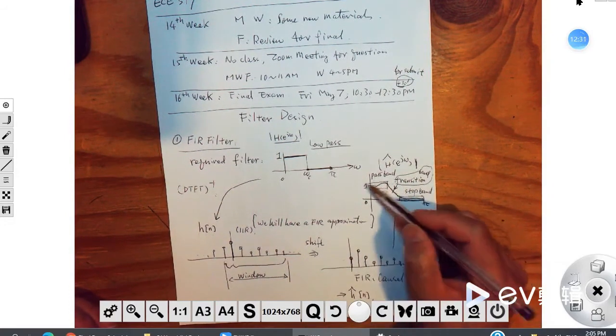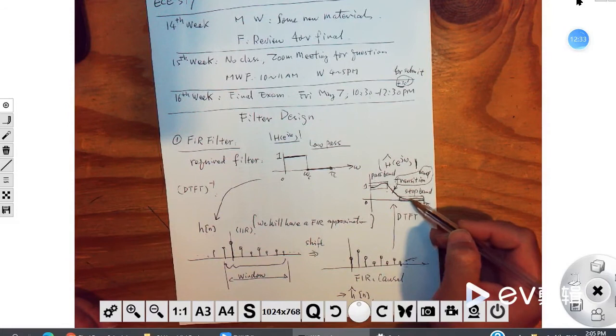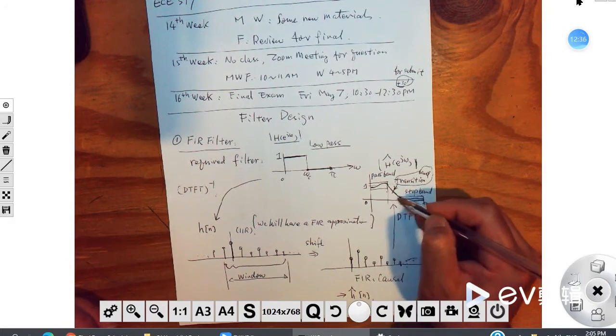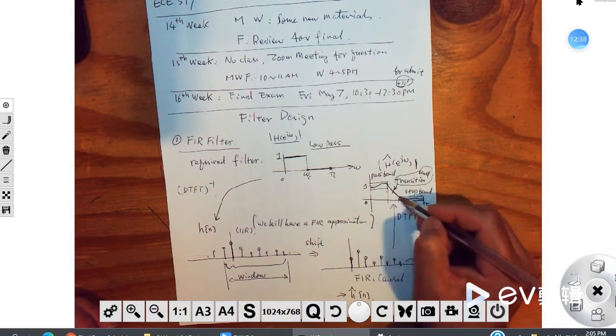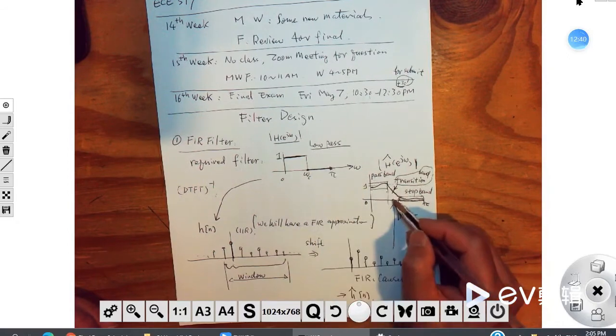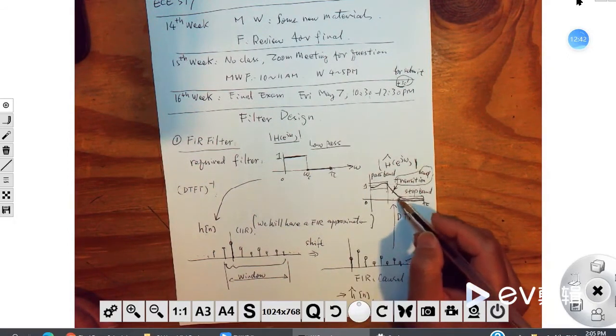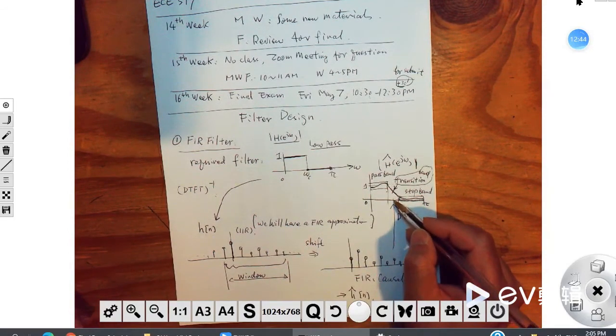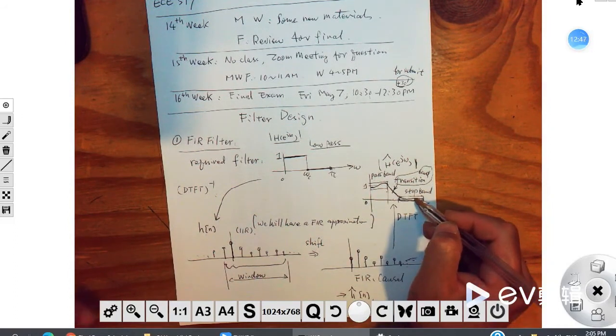The transition band is around omega c, but not too large. That depends on your requirement. If this works, you get it.